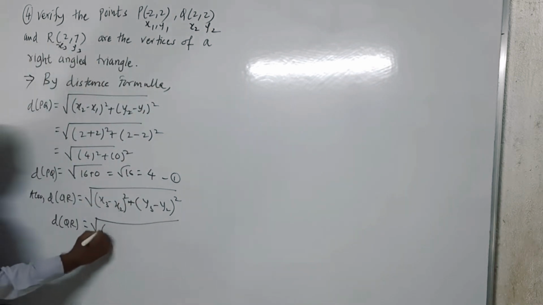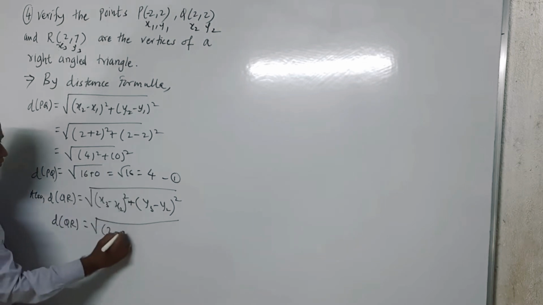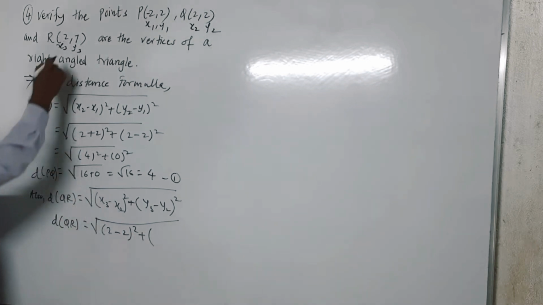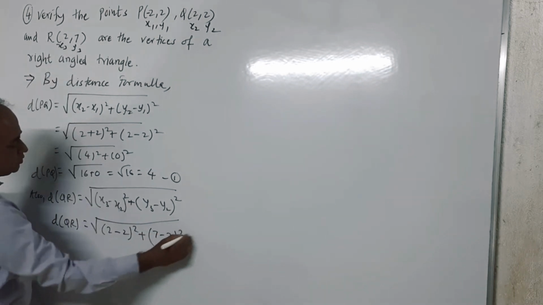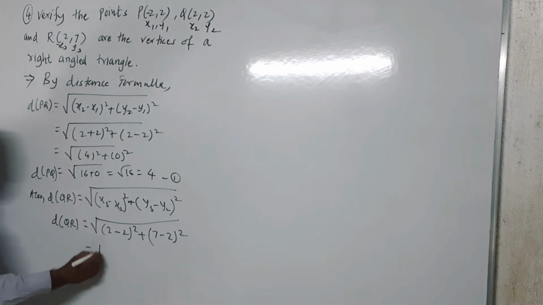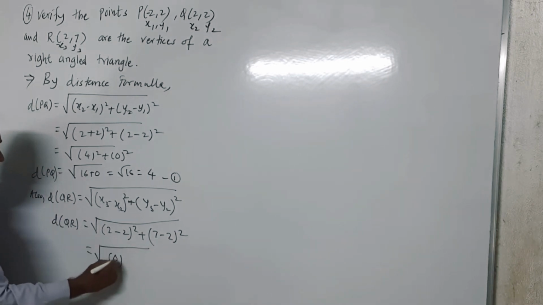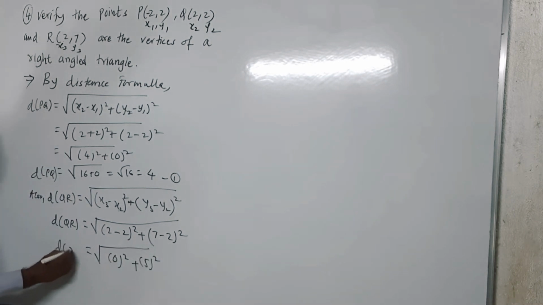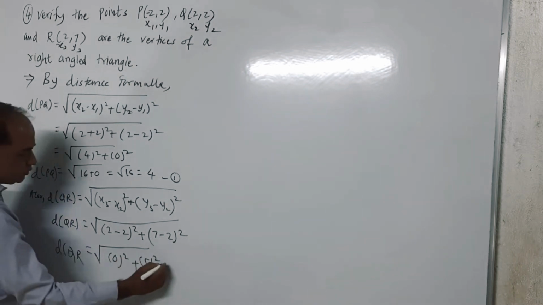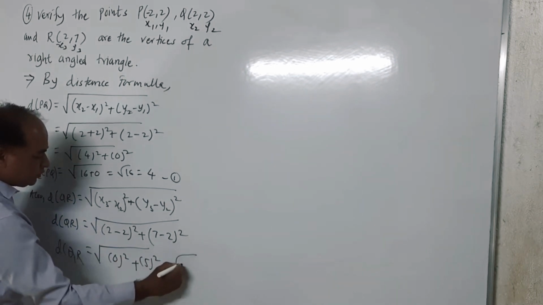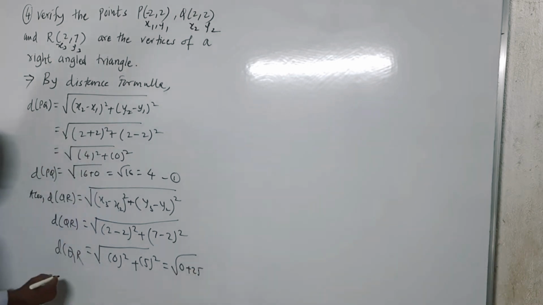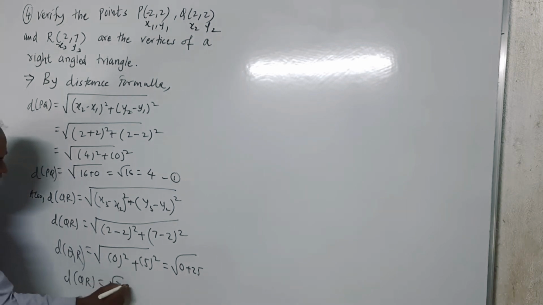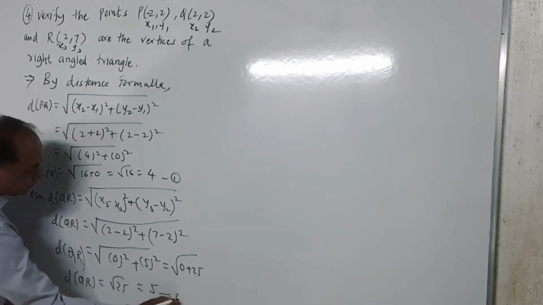So distance QR is equal to square root of (2 minus 2) square plus (7 minus 2) square, which is equal to square root of 0 square plus 5 square, that is square root of 0 plus 25. Therefore distance QR is equal to square root of 25, which is equal to 5.